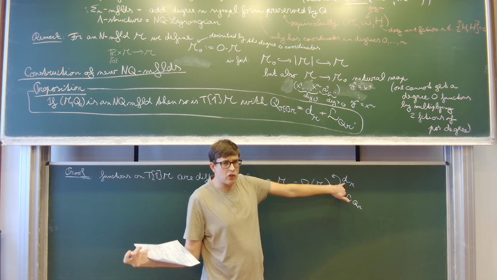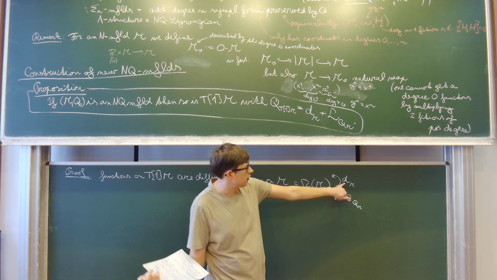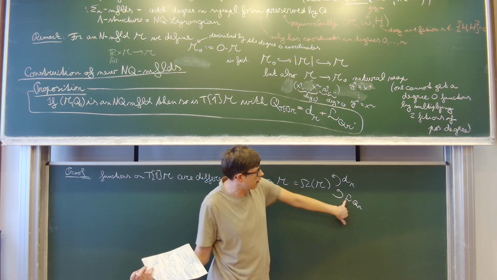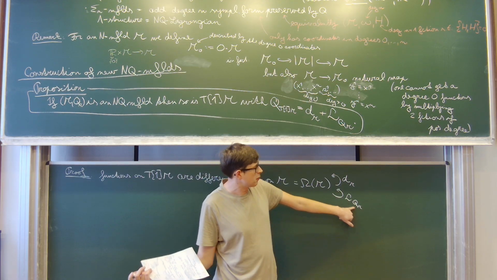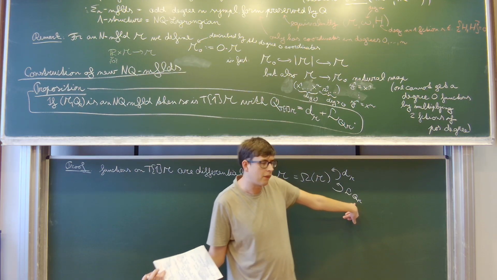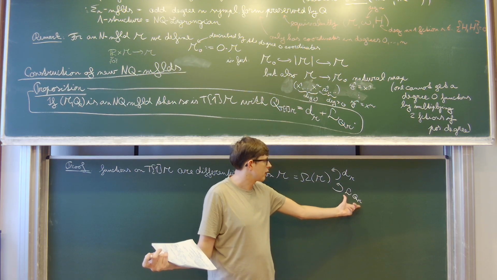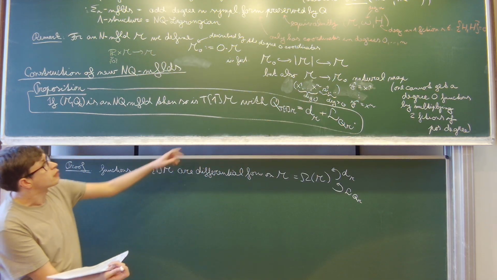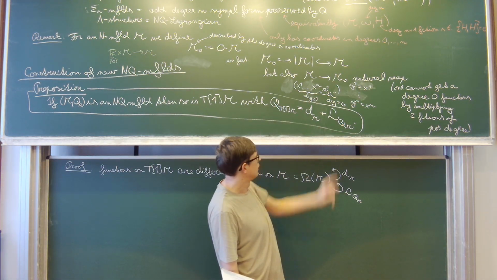The degree of this operation is 1. It raises the degree of the object on which it acts by 1. The Lie derivative doesn't carry any intrinsic degree, but this thing does. It's of degree 1 because it was a cohomological vector field on the base. So this is again a derivation of degree 1. So you can add them, you get another derivation of degree 1. This is what I meant here.